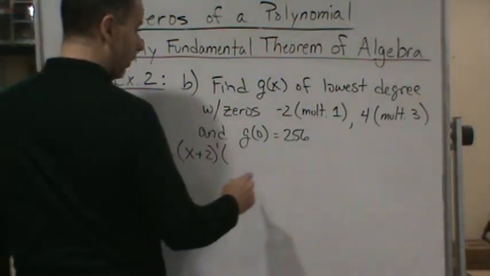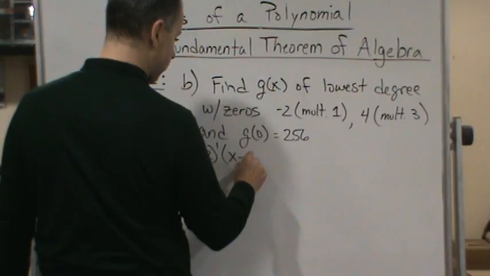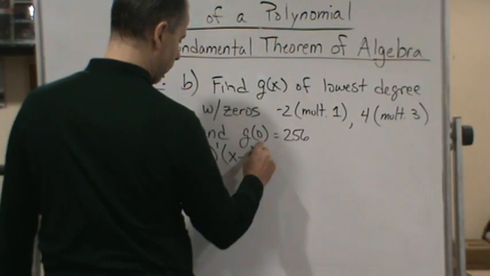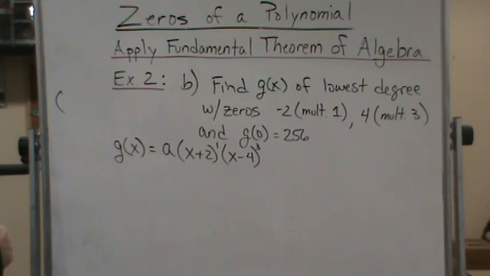And then 4 is also a 0, so we know we have a linear factor of x minus 4 with a multiplicity of 3. Okay? And we want g of 0 to be 256.